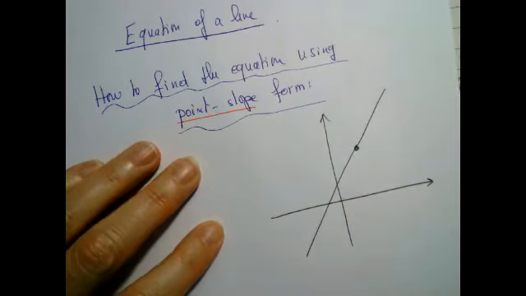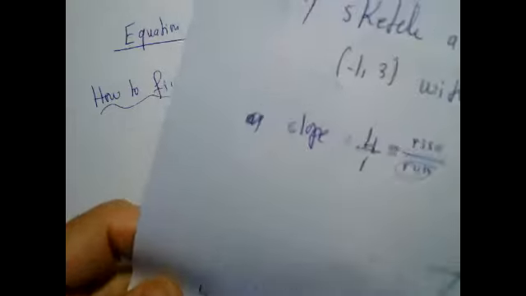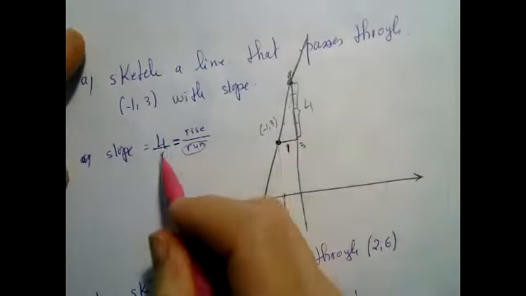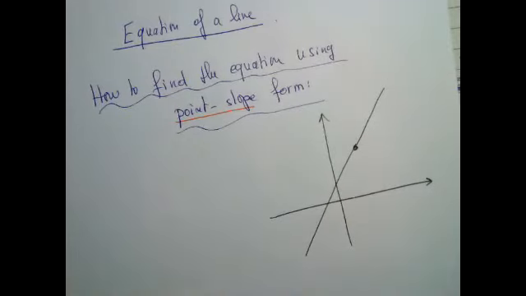That's what we did a little while ago. So I started with those problems: if I know the point and the slope, which is 4, I was able to sketch the line. So a point and a slope give us a line.